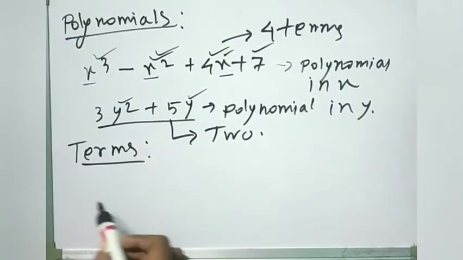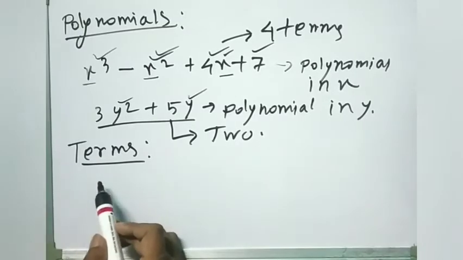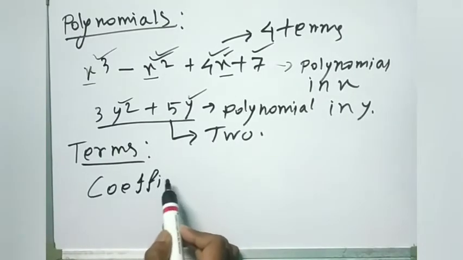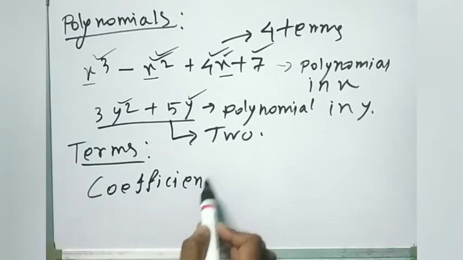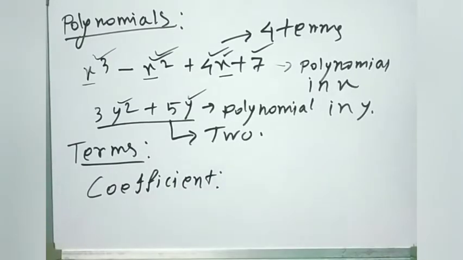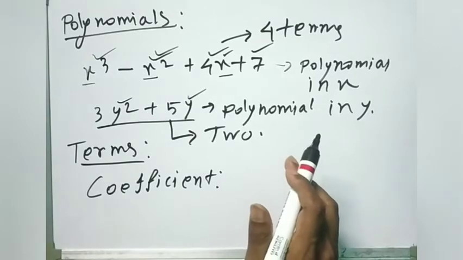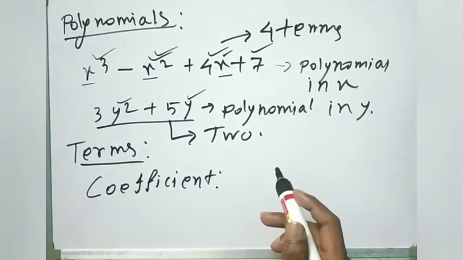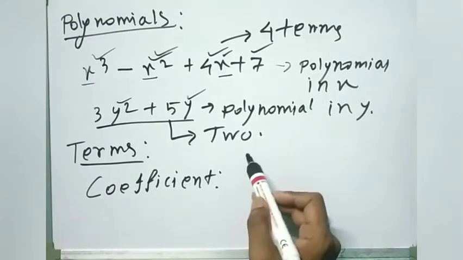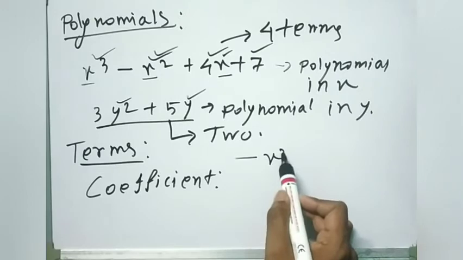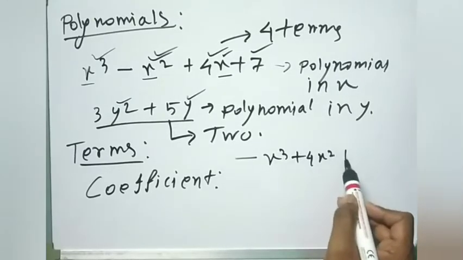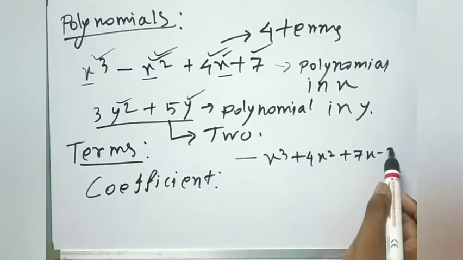Now coefficient. What do you mean by coefficient? Coefficient means the constant part with the variable. Let me take this example: minus x cube plus 4x square plus 7x minus 2.